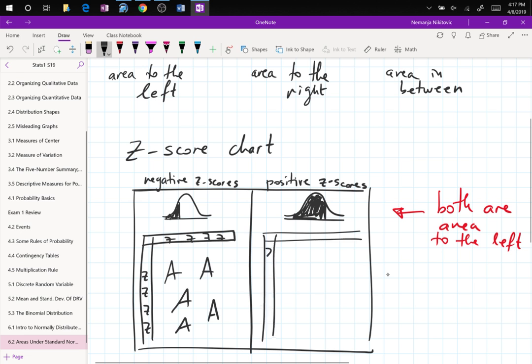And I'll put a whole bunch of z's. Cross your z's, right? These are not 2's. So these margins give you z-scores and a whole bunch of a's as areas in the middle.